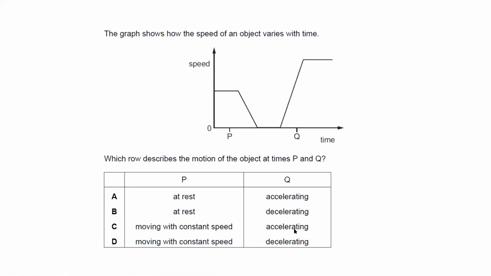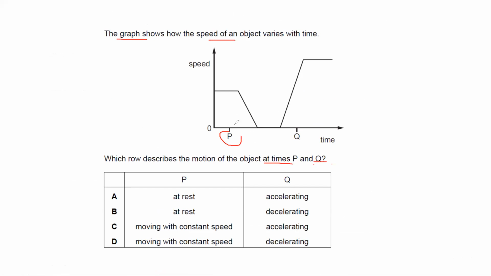Okay, this is a speed time graph. You can use the screen annotation to state the answer. The graph shows how the speed of an object varies with time. So this is how the speed of an object is changing with time. Which row describes the motion at times P and Q?